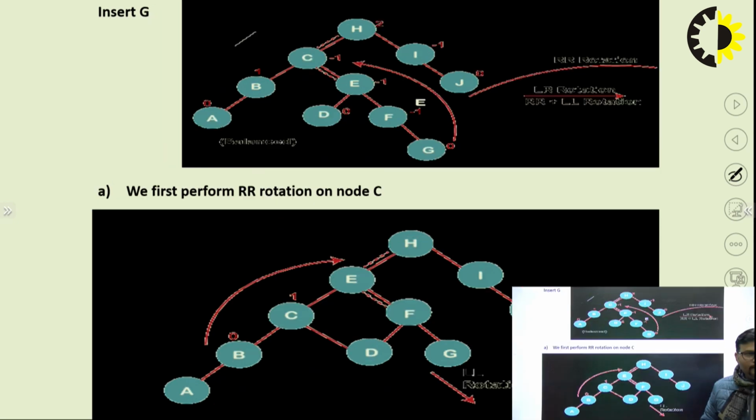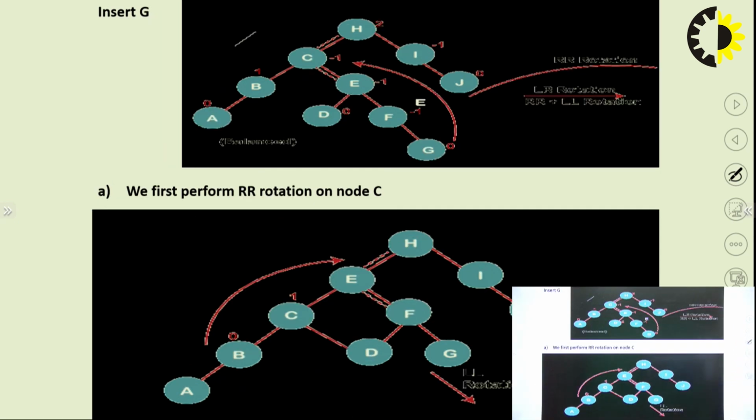First of all check the balance factor: 0, 0, 0, -1, 0, 1, then 0, 1 and 0. And before this concept I already declared that the balance factor will vary -1, 0 and +1, okay.